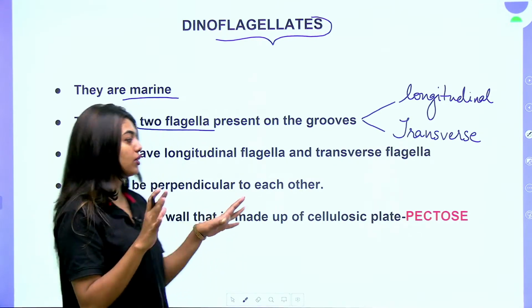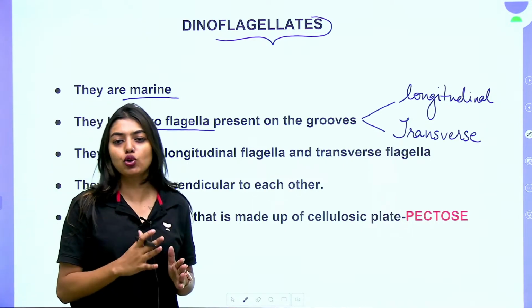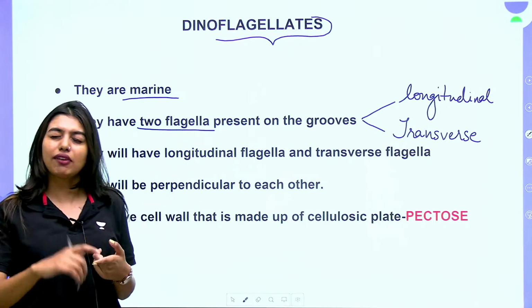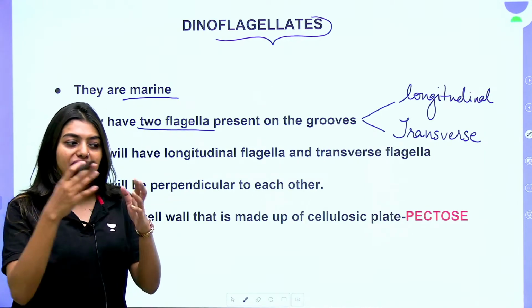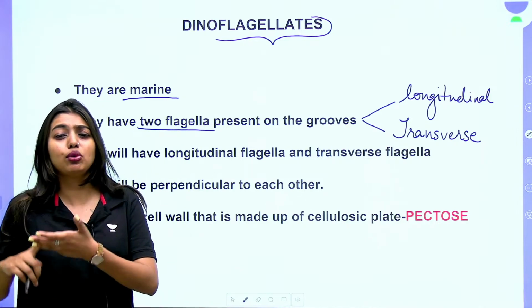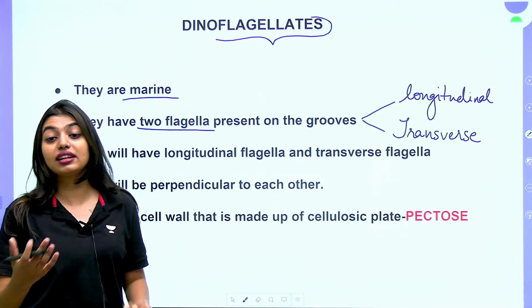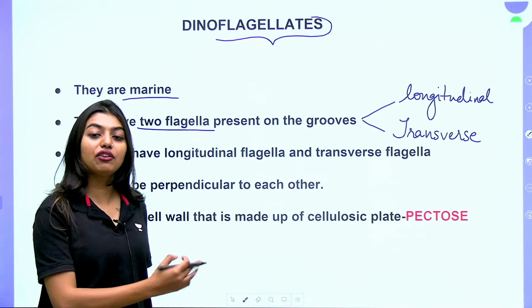Now look here, students, this whole group is protozoans. Cell wall is one important thing. Because for everything, your cryophytes, dinoflagellates, slime mold, euglenoids, the cell wall has one or the other exceptions. That is why this is a favorite question.